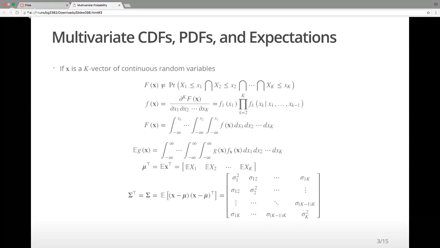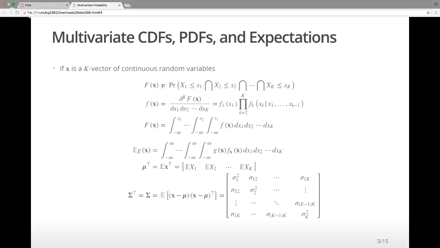It has its own special Greek letter, capital sigma, which is a symmetric matrix, so it's equal to its own transpose. And it is a so-called variance covariance matrix, sometimes called a variance matrix, sometimes called a covariance matrix.